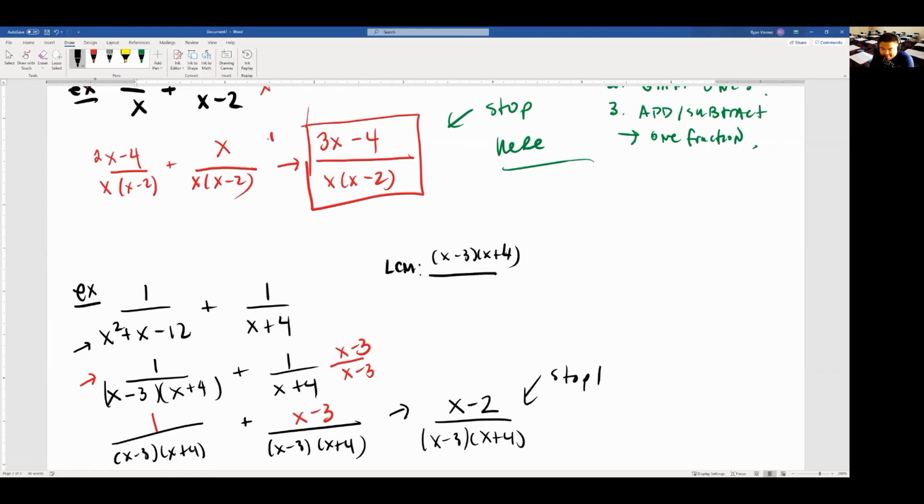Stop. We got a hand. Dahlia. Why is it x minus 2? The one before it is x minus 3. Why is the final answer x minus 2 when, oh, wait, can you try typing your answer?